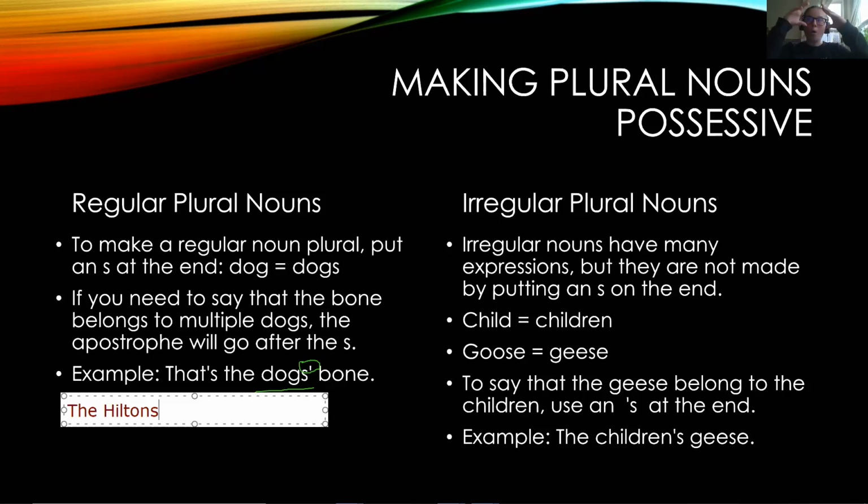If we were looking at the whole family of Hiltons, and so we said the Hiltons' home, because now we're adding the S to make Hilton plural. There's more than one Hilton. We're talking about the Hilton family, right? Where would the apostrophe go? Would it go before the S or after the S?